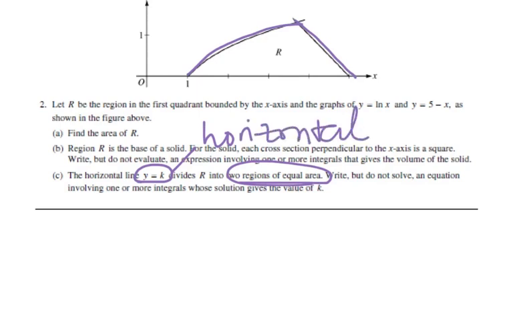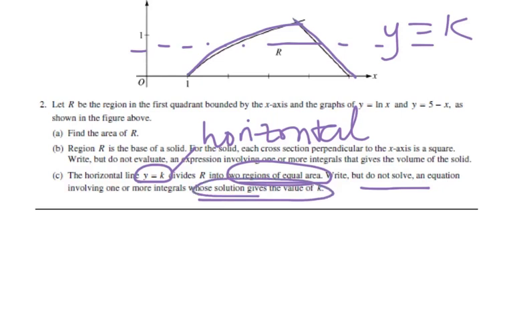Somewhere, I'll make it up, that line y equals k could be here, or a little above or a little lower, but that's the line. Write, but do not solve, an equation involving one or more integrals whose solution gives the value of k.